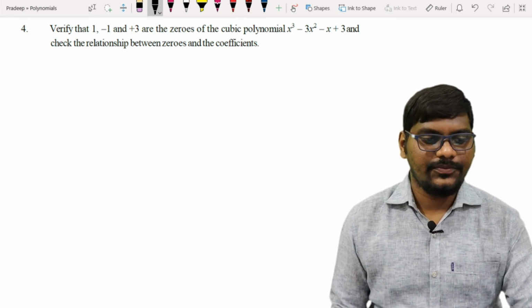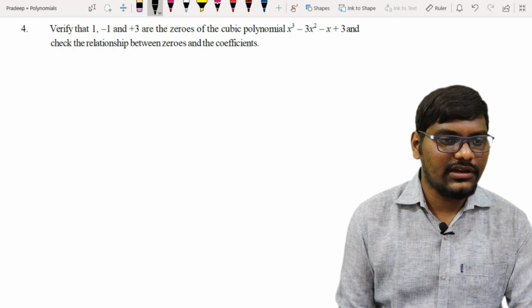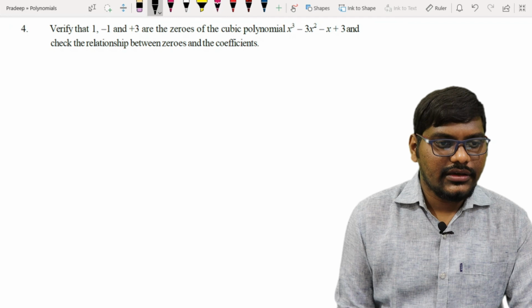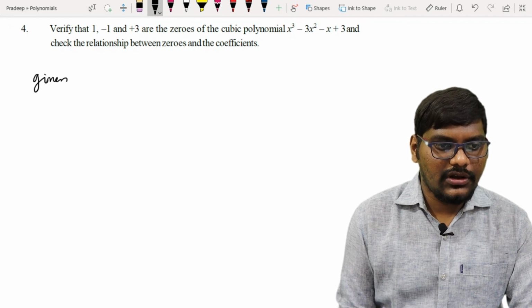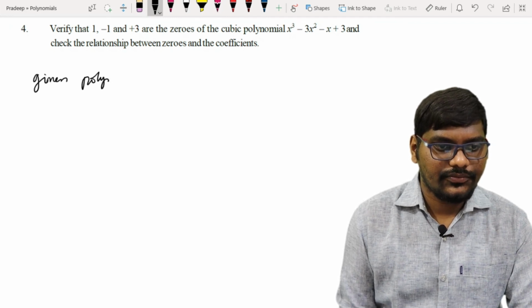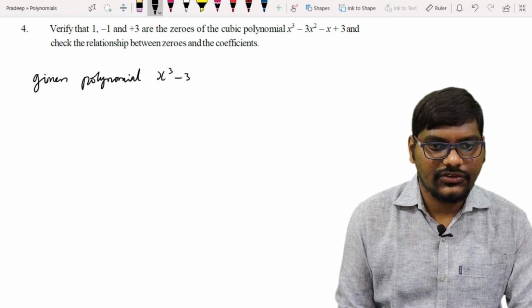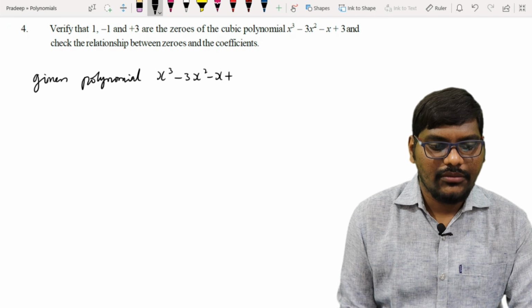So let's do this. What is the given polynomial they give? That we'll write: given polynomial, that is x cube minus 3x square minus x plus 3.